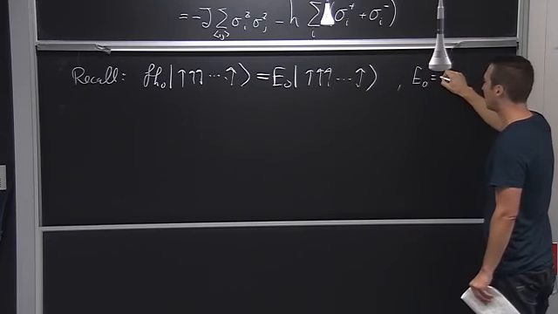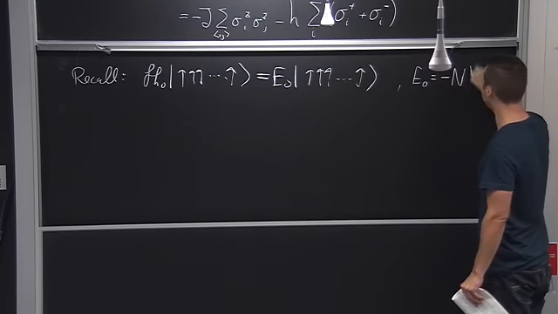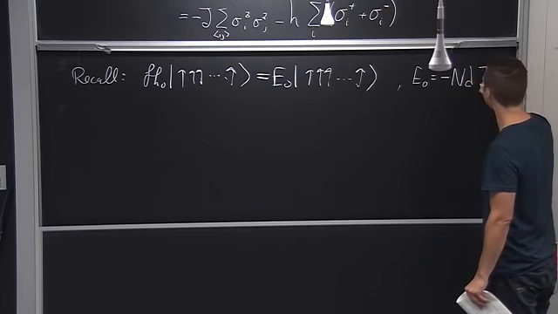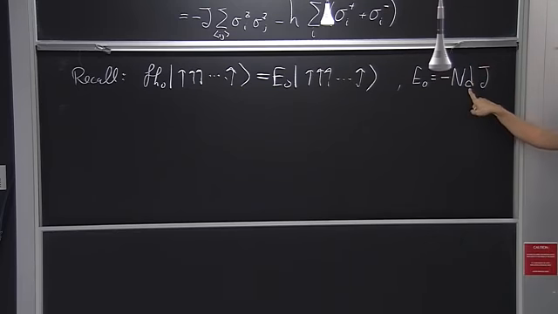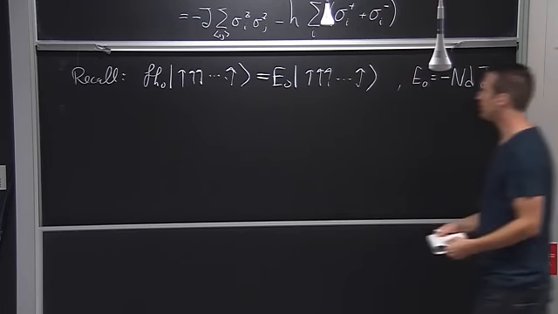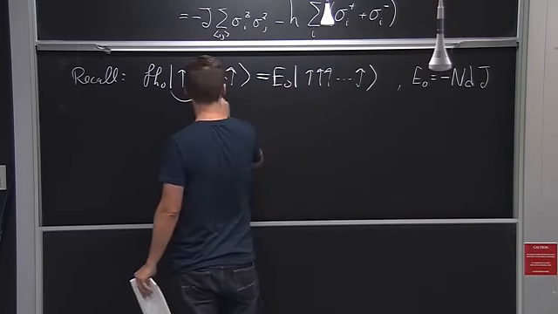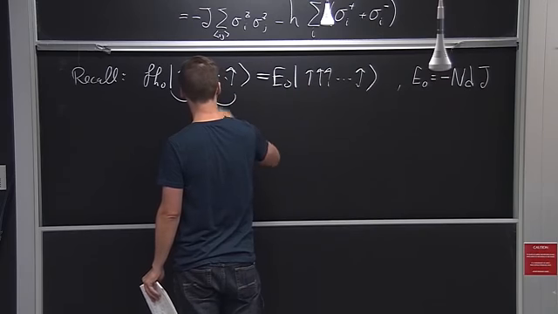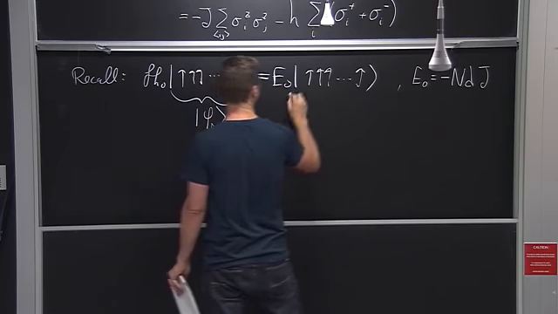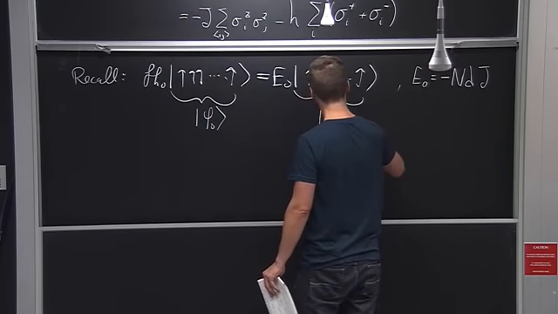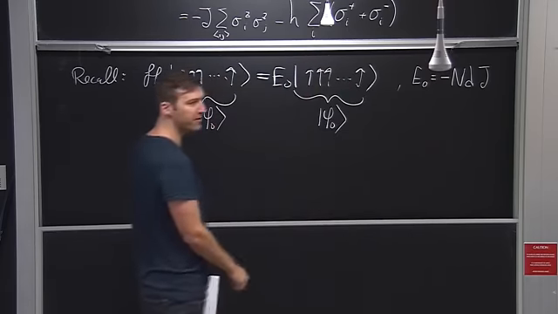So it's what we derived last time, minus NdJ, where d is the spatial dimension and N is the total number of spins, or the total number of lattice sites. We're on a lattice. And this thing here we'll call, I don't know, phi naught, for use in perturbation theory.